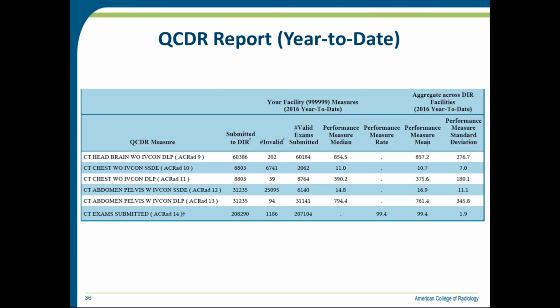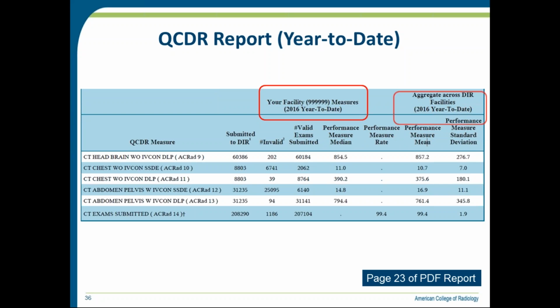Facilities which are already submitting data to DIR are qualified to, if they elect, submit their data to CMS for PQRS, the physician quality reporting system requirement. And there are 6 measures from DIR. This is page 23, by the way, that I'm discussing. You can see that your facility measures are compared to the aggregate across DIR facilities.